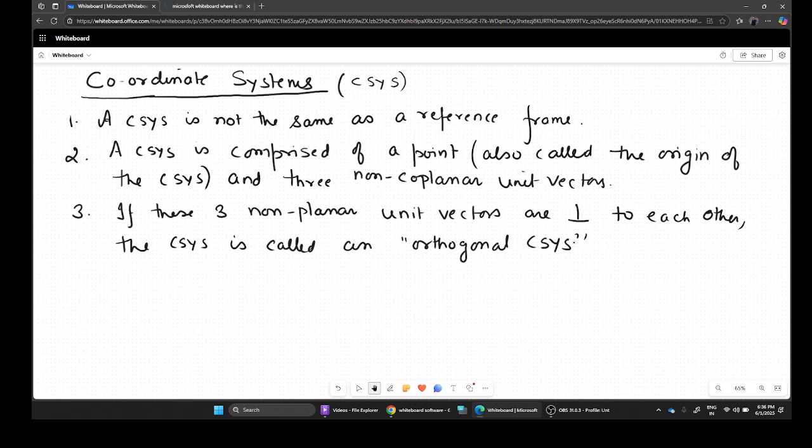Even though it is not necessary for the three non-coplanar unit vectors to be mutually perpendicular to each other. Many times we do work with coordinate systems in which these three unit vectors are mutually perpendicular, and in that case the coordinate system is called an orthogonal coordinate system.